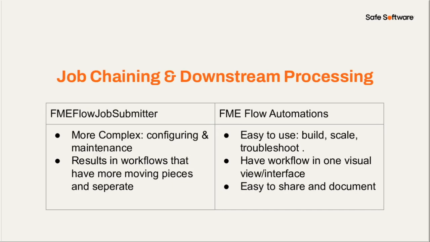And automations also allow us to create, scale, and troubleshoot complex workflows, whereas some drawbacks of the FME Flow job submitter are that it's a little bit more complex to configure, and you have to deal with authentication and maybe more documentation on your end when sharing those workspaces, which may cost more time, need to maintain, and call for more troubleshooting later on.